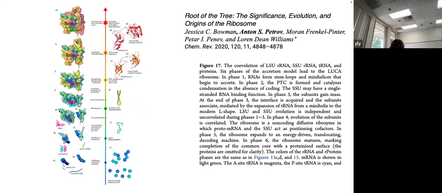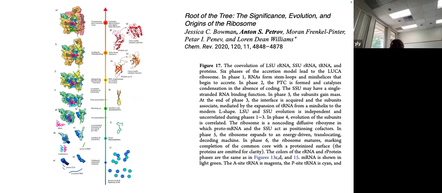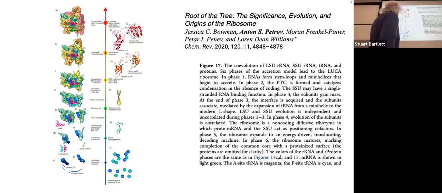So this is phase 1, this is phase 2, this is phase 3, and that's phase 4, when the small subunit comes together with the large subunit, bringing together the PTC site, which I showed you, but the coding site is now joined together with the PTC. And the tRNA is evolving.